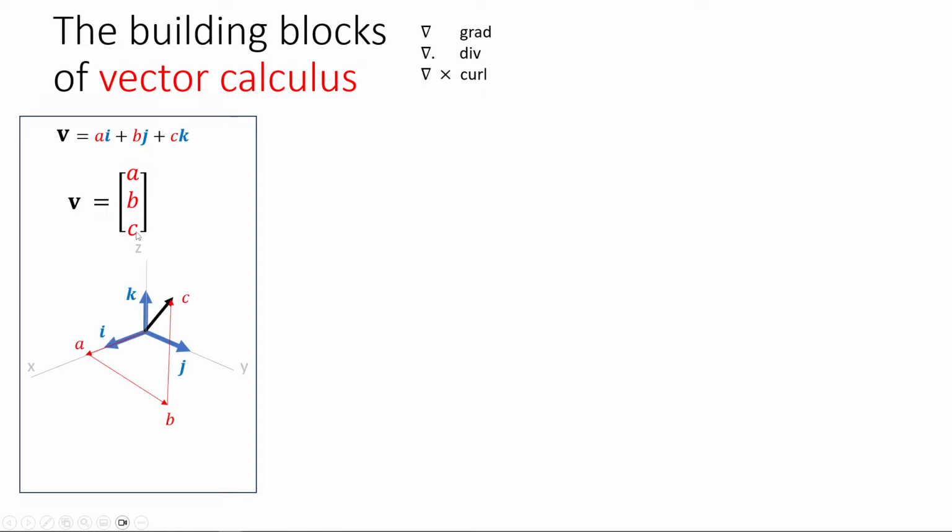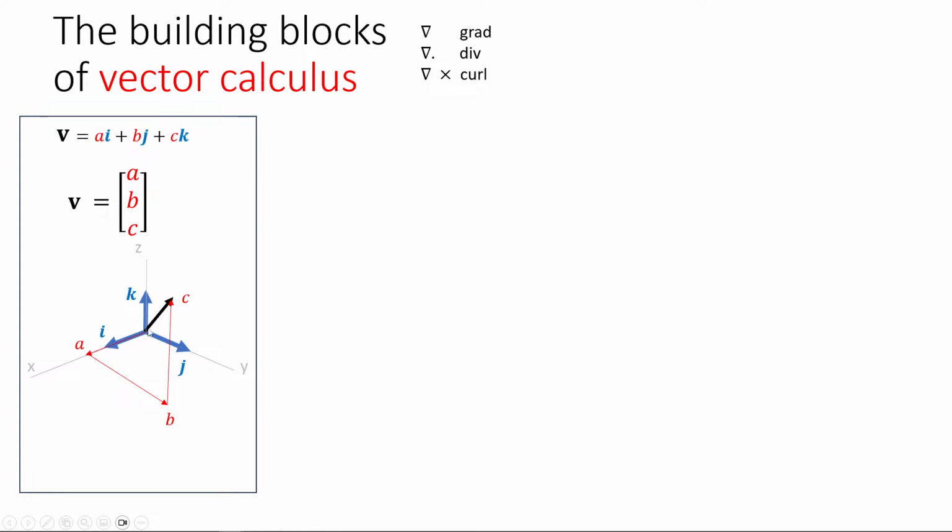This is my parameters here, and this is my unit vector pointing to the direction. So I have A. So basically, what does this mean? Let's say I want to reach this point C. How could I reach this point? I have to walk a distance A in the I direction. Then I have to walk a distance B in the J direction. And then I have to go up a distance C in the K direction.